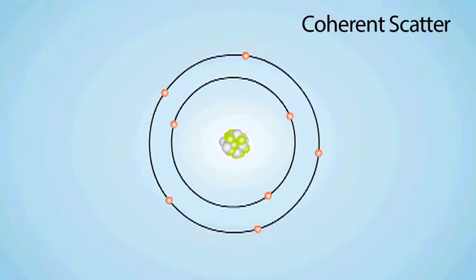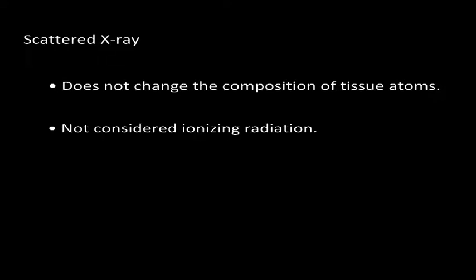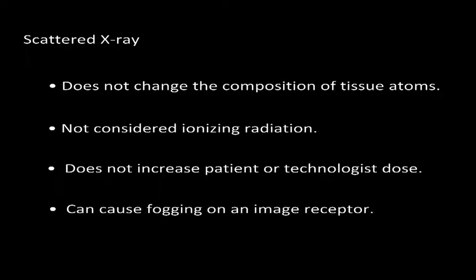An atom may absorb the incident photon and then expel a scattered photon with a change in direction, but no change in energy. The scattered X-ray at such low kVp does not change the composition of the tissue atoms, so it is not considered ionizing radiation. Coherent scatter does not increase patient or technologist dose and does not provide any useful diagnostic information, but it can cause fogging on an image receptor.